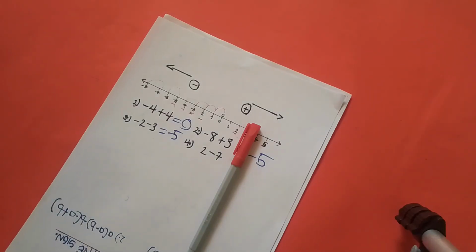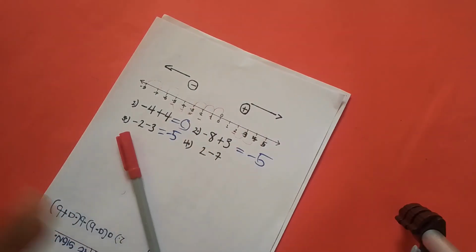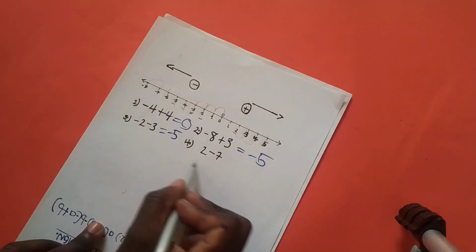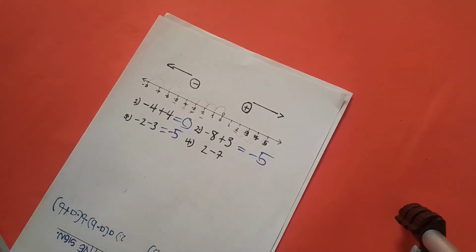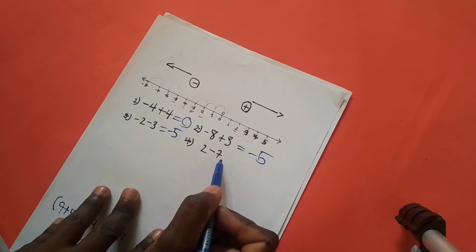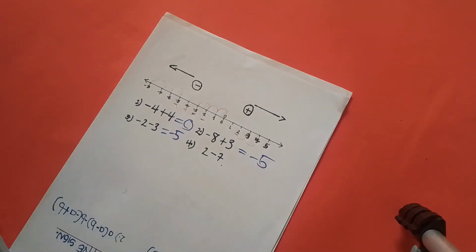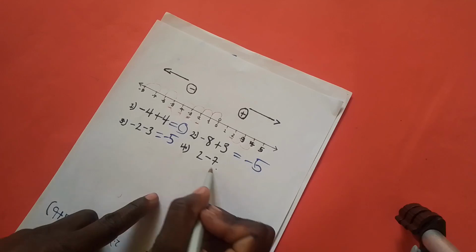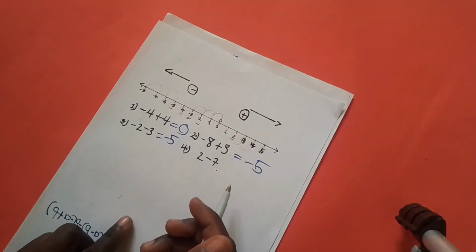As simple as that. Okay, let's start at the positive side now. So at question 4, we are starting at the positive part of the number line. So the question is 2 minus 7, right? So we are at position 2. We are moving 7 steps towards the negative side, right?